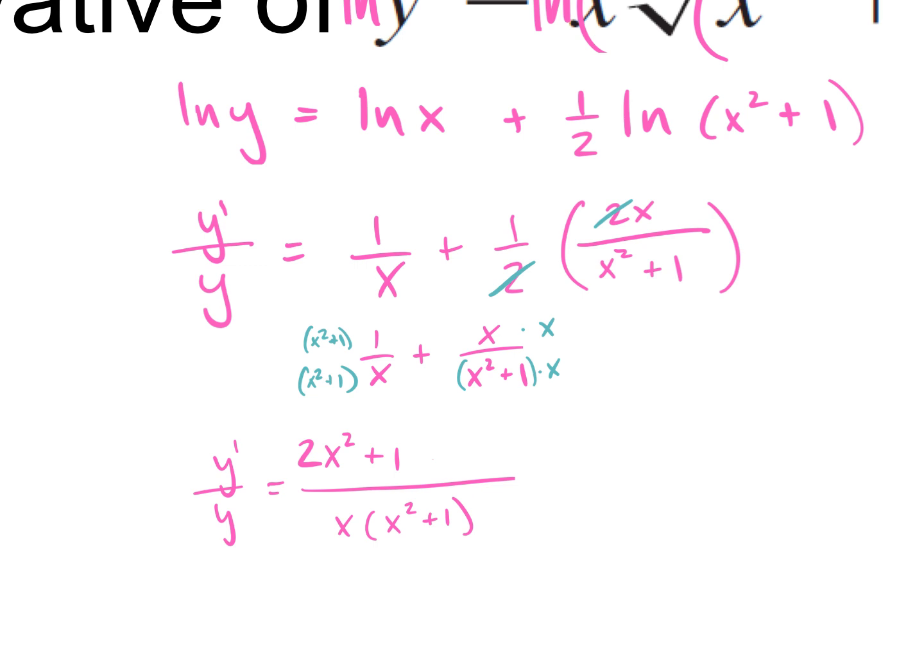So we took the derivative of both sides, but this isn't our final answer because we just want to get the derivative of y all by itself. We need y prime to equal our answer since we're finding the derivative. So what I could do is multiply both sides by y. Well, what is y?